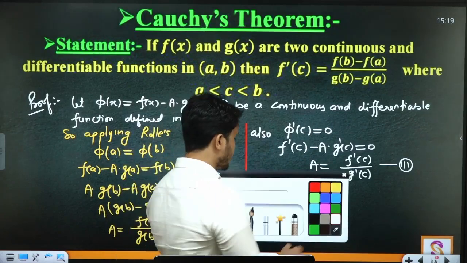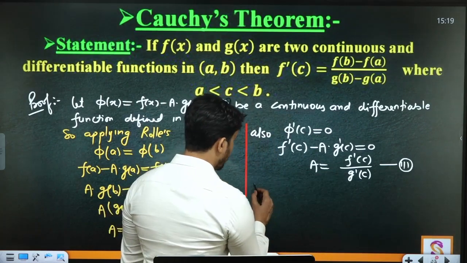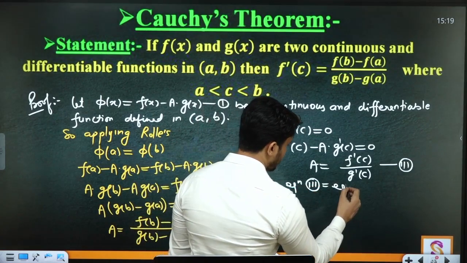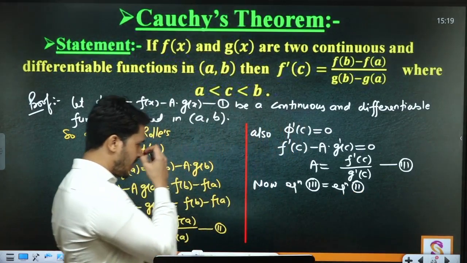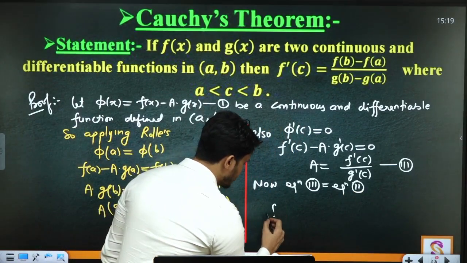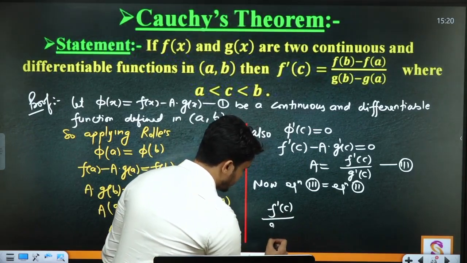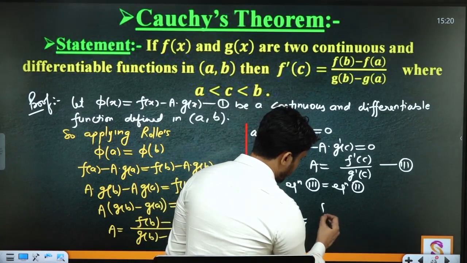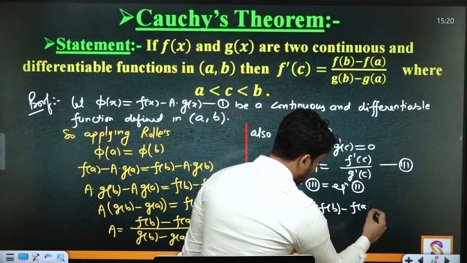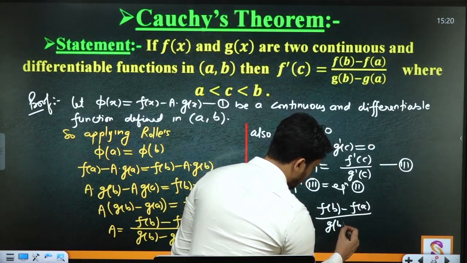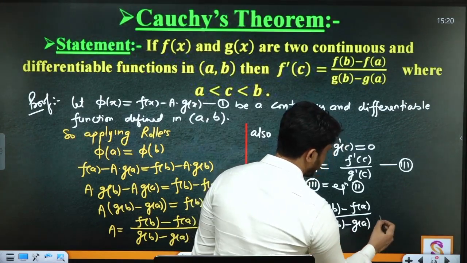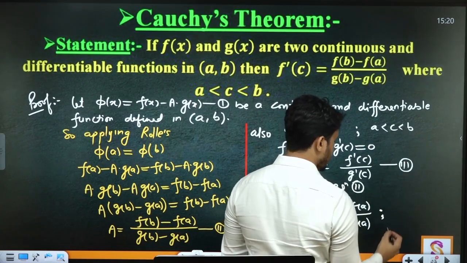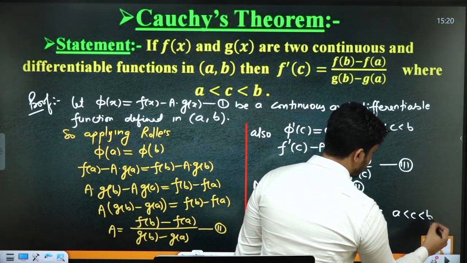Now equate these two equations. थर्ड को सेकंड के बराबर करो तो क्या आएगा? देखो, f dash c upon g dash c is equal to fb minus fa upon gb minus ga. देखो यहीं से शुरू था ये, a less than c less than b, तो यहां भी लिखेंगे a less than c less than b.